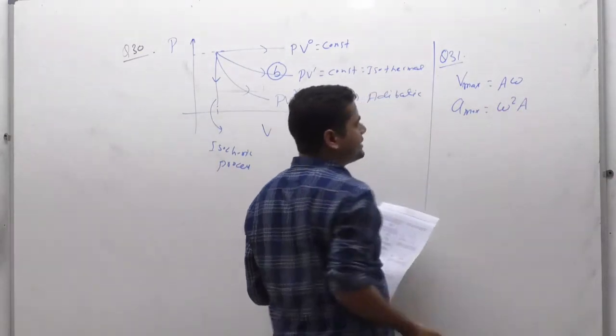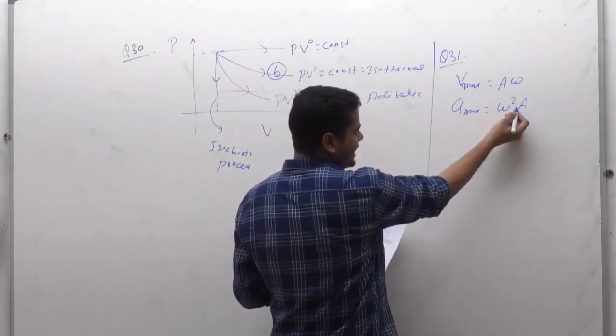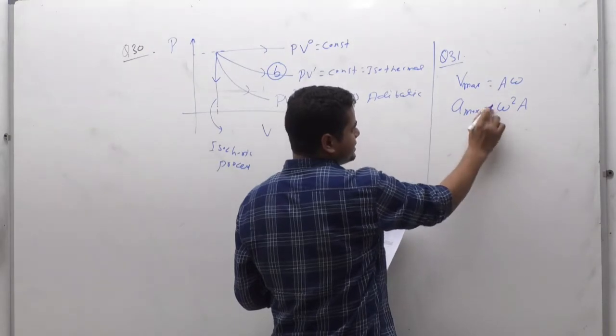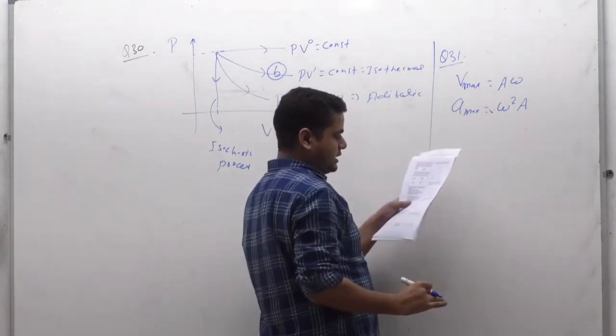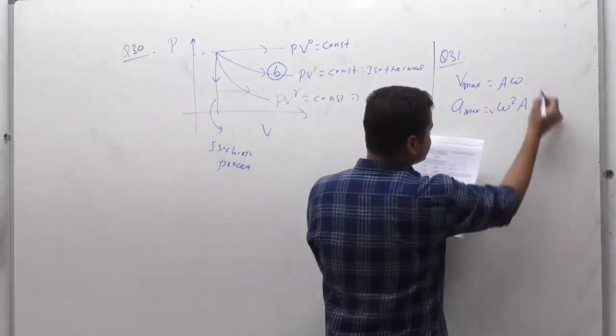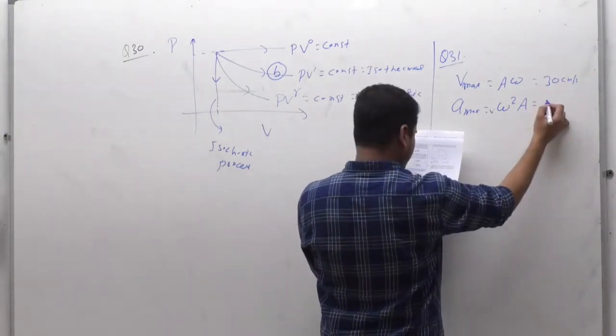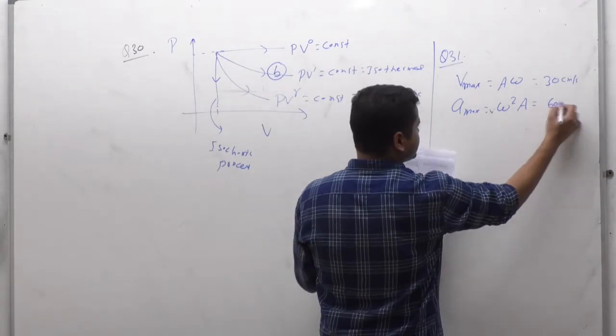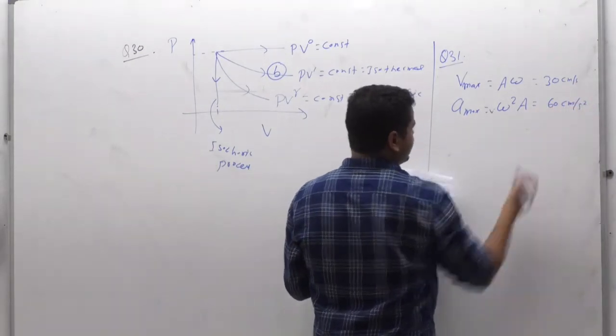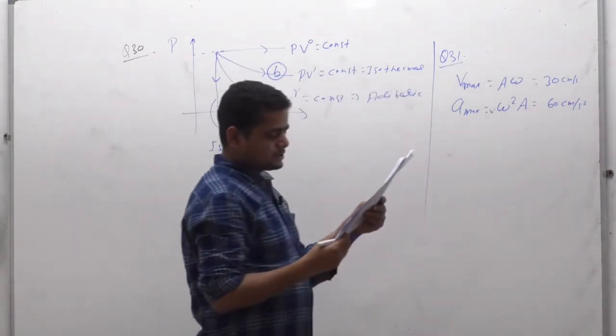We have only shown the magnitude, so don't put the negative sign. Their values are given: this speed equal to 30 centimeter per second and this acceleration equal to 60 centimeter per second square, and they have asked us to find time period.